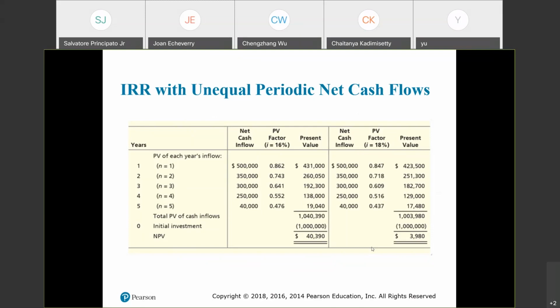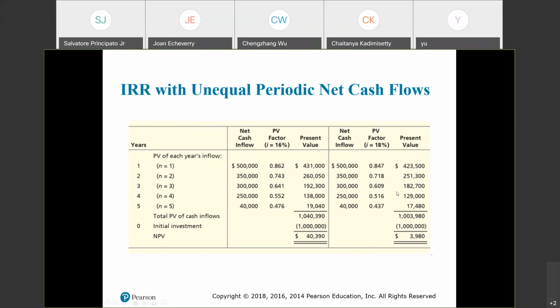Because the NPV is positive, the IRR must be higher than 14%. So the company continues the trial and error process using higher discount rates until the company finds the rate that brings the NPV to 0.